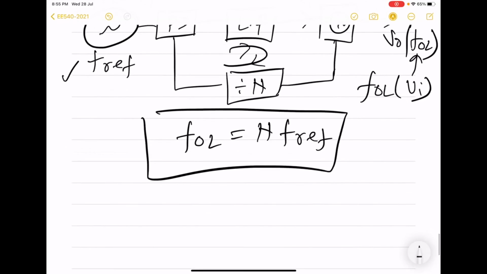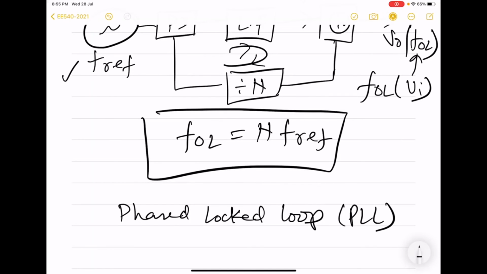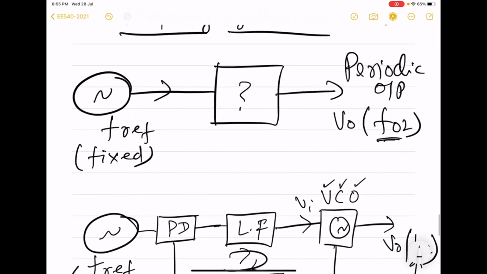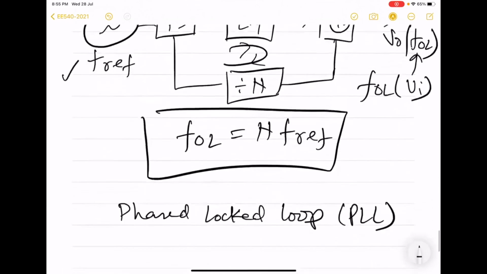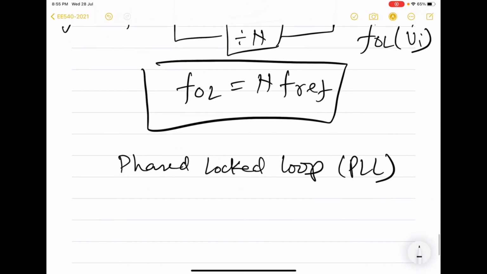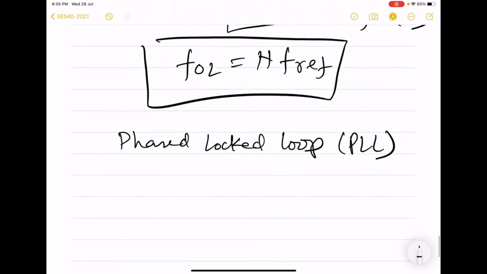And based on the functionality, this circuit is called phase lock loop, PLL. And based on what it does, it is called frequency synthesizer. So these are the five circuits that we will study in this course.